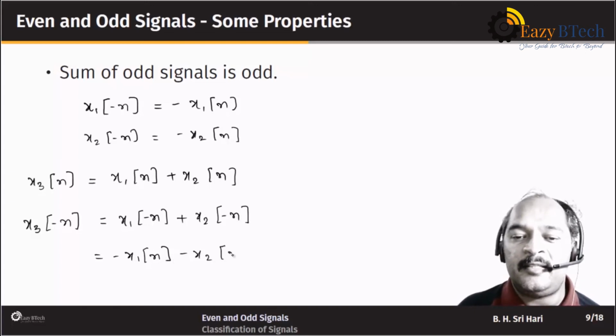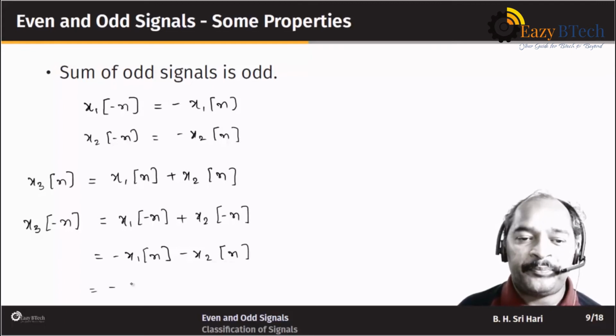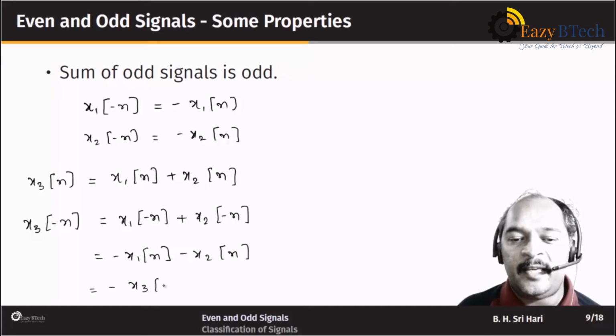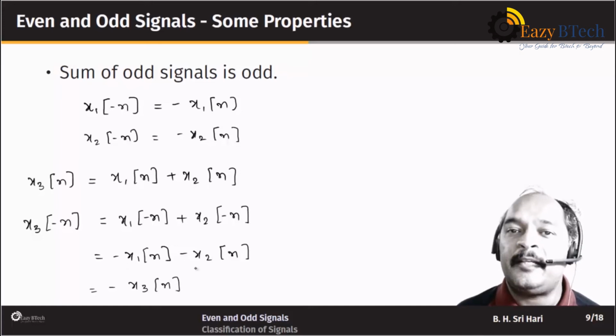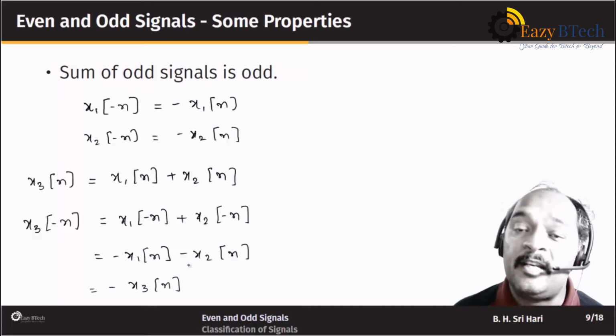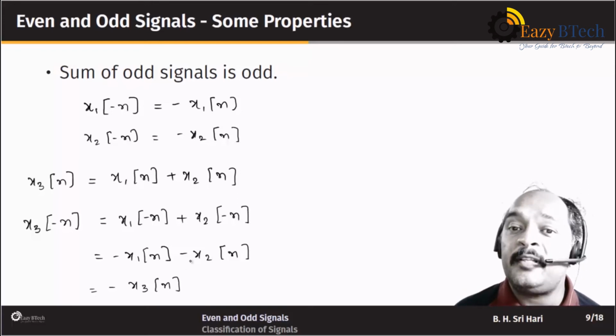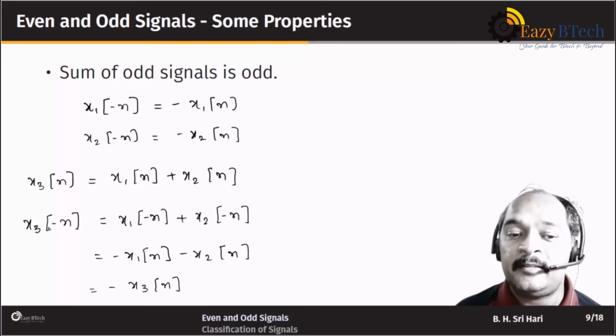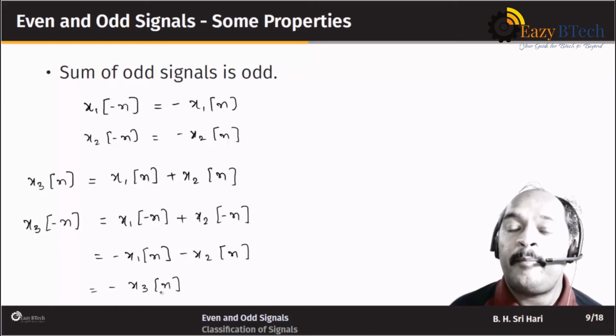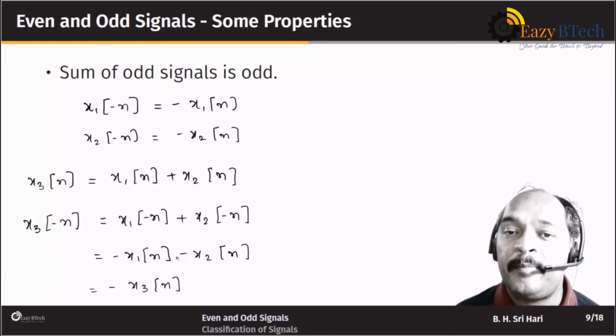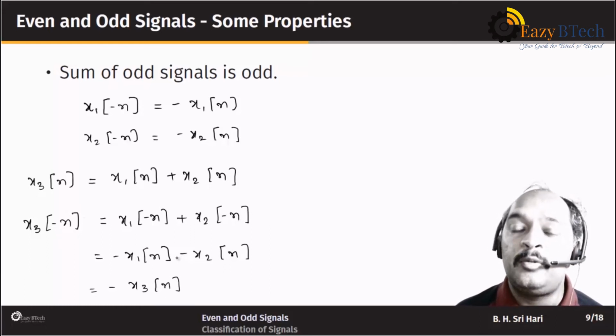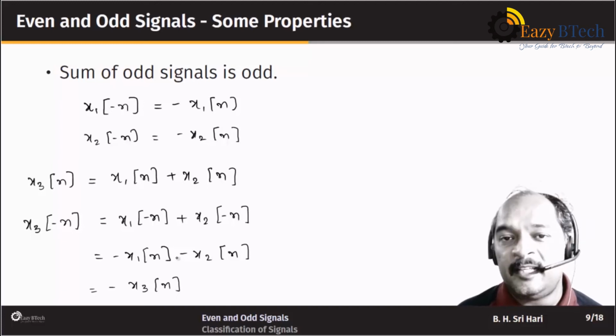So we can easily see that this is nothing but minus x3 of n. Why? If you take minus out, you get x1 of n plus x2 of n, which is x3 of n. So what have we proved? We have proved that x3 of minus n equals minus x3 of n. That implies that if you add two odd signals, the resulting signal is also odd.